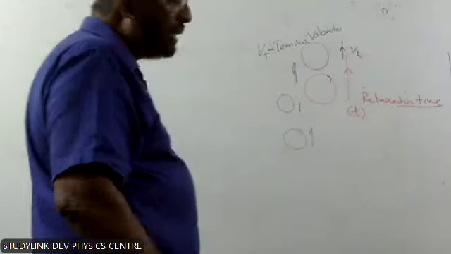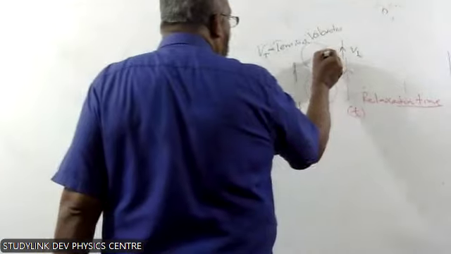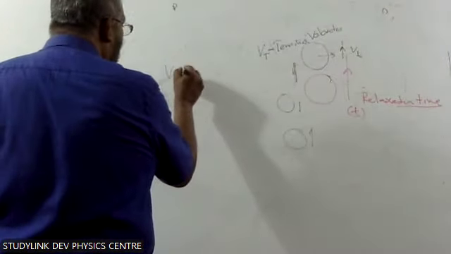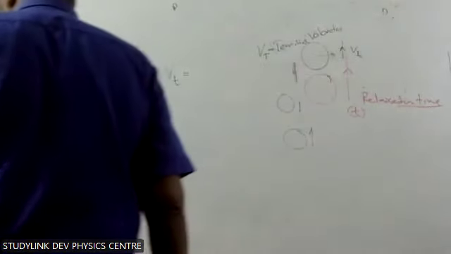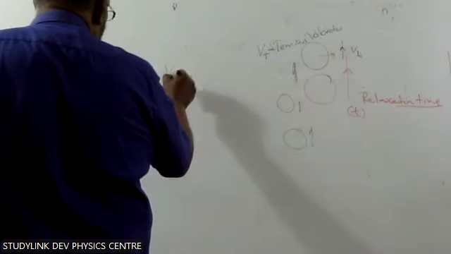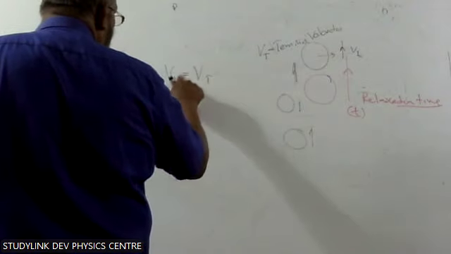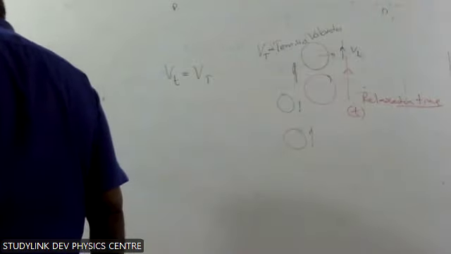Then they will give you another equation for this. That means instant velocity at any time, Vt. The T is normally relaxation time. Sometimes they put capital Vt. What is capital Vt?